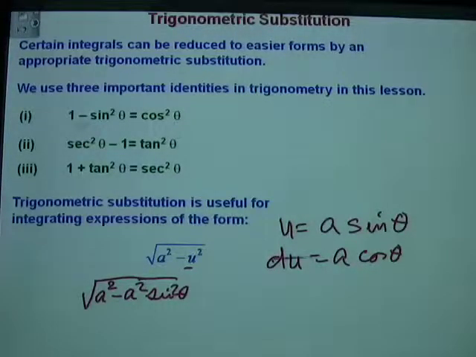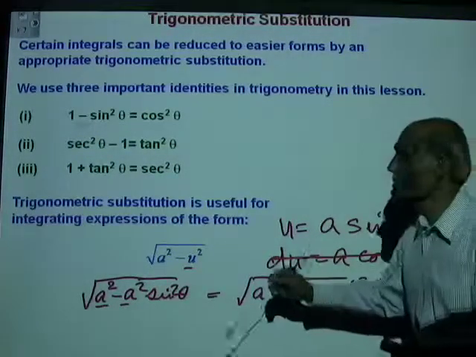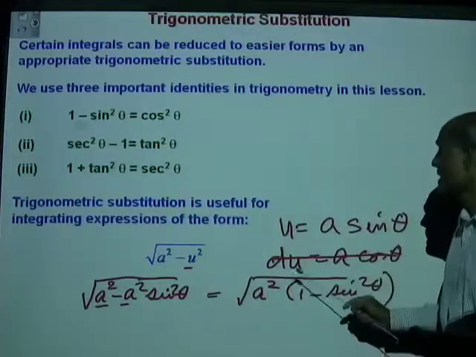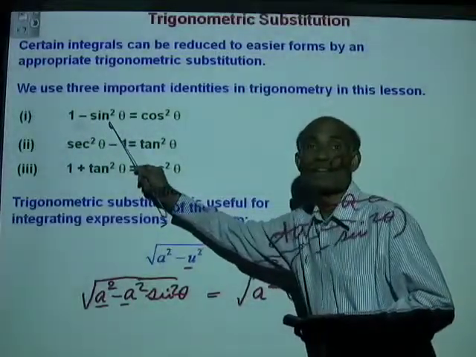At the moment, we are not going to look at du. We will simply simplify the square root quantity. The square root of a squared can be factored out, a squared times 1 minus sine squared theta. Look at the way a simple substitution like u equal to a sine theta brought out the quantity 1 minus sine squared theta.